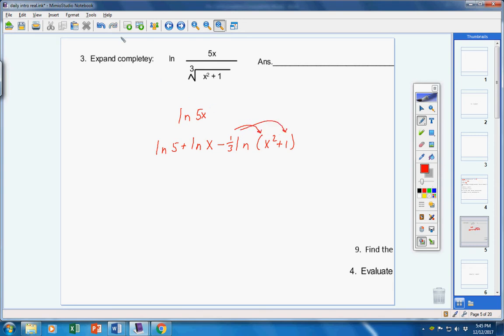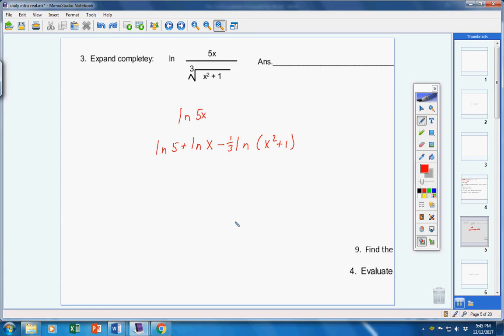That is incorrect, okay? Because think about it, you're taking the logarithm of this entire expression, okay? And then, after you take the logarithm of this entire expression, you're then multiplying it by 1/3.